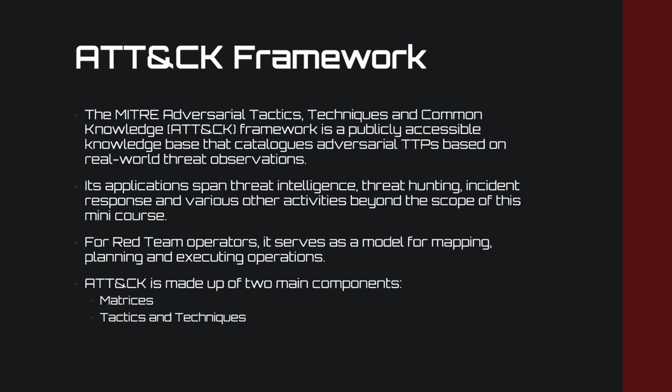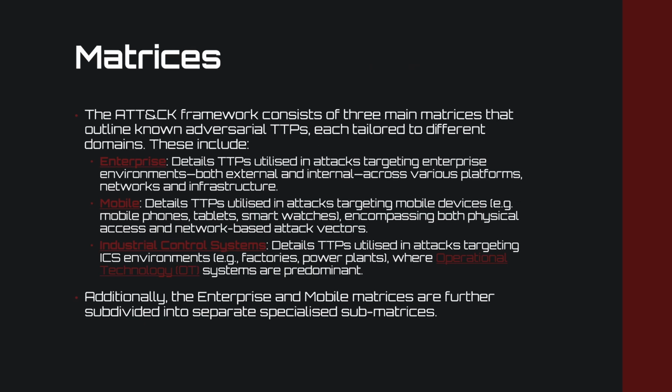tactics and techniques are. So the matrices are each tailored to a specific domain that defines the known adversarial TTPs we discussed earlier. At the time of this recording, there are three main matrices. You've got the enterprise matrix, which details the TTPs utilized in attacks targeting enterprise environments.